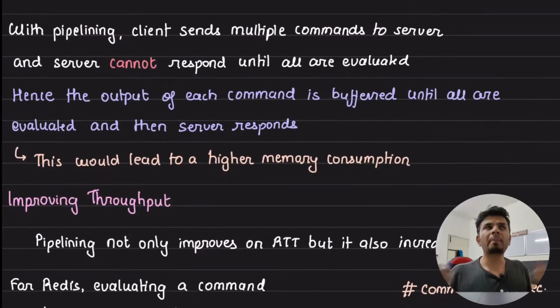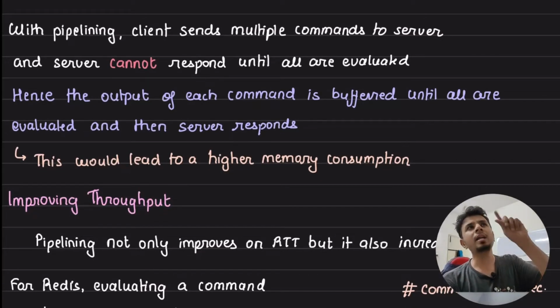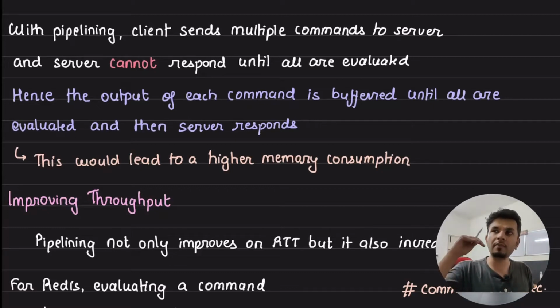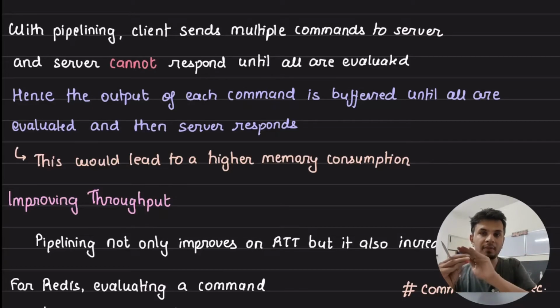Now, with pipelining, you'd say, why do we want to do that? But before we do that, if you think about it, when your client is sending multiple requests to the server, now your server, instead of evaluating one and then immediately sending back the response, has to buffer, because your server can only send one response. In that one response, it has to send everything.